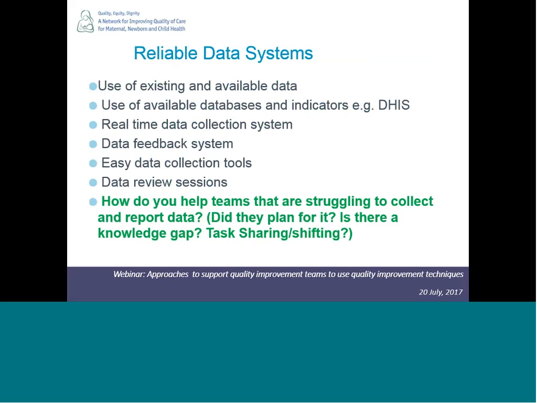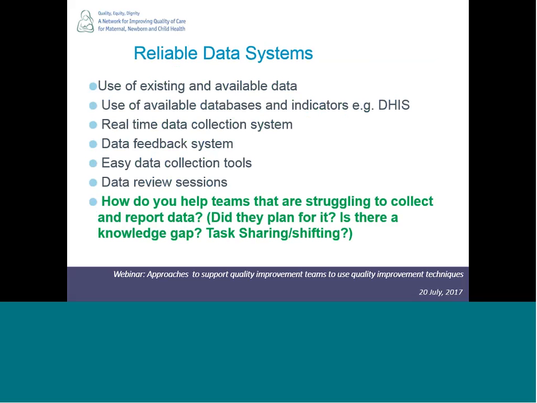Available data is important for baseline, to identify the gap, to know how they are currently performing before we move forward to where we want to go. So we need to be using available data, and we also need to be using available databases, something that they are already used to, something that they report into, their own indicators within their facilities and so forth.